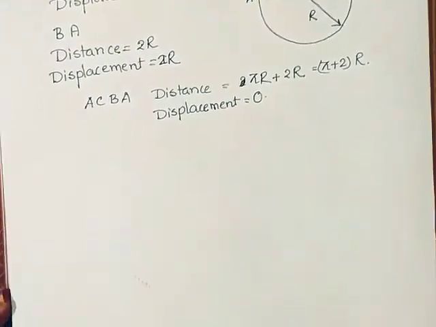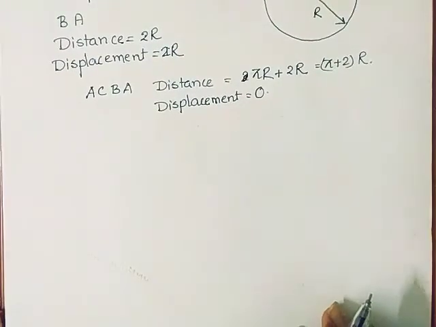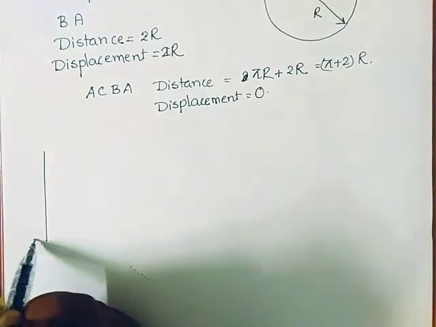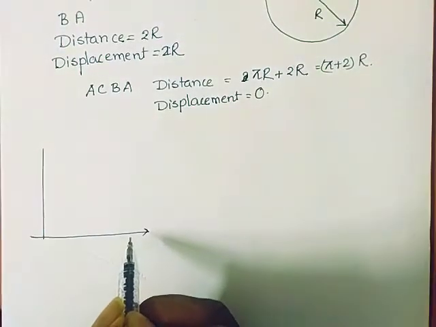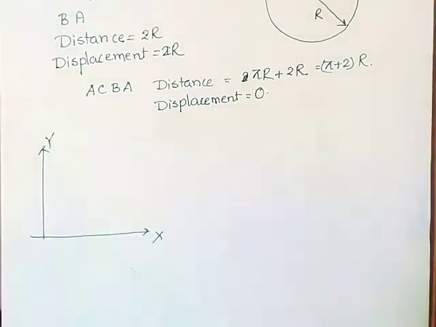Now, displacement is a vector quantity. It basically tells us the change in the position vectors of the two positions. Let us consider a coordinate system like this. We consider the xy coordinate system.